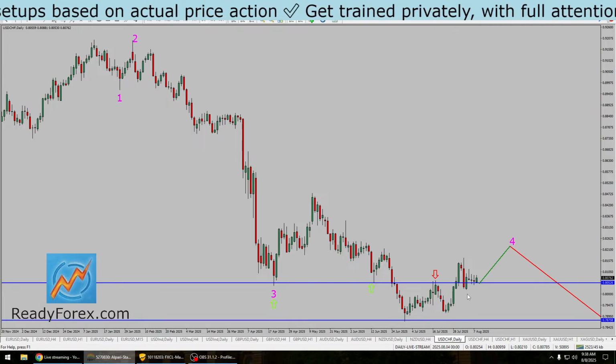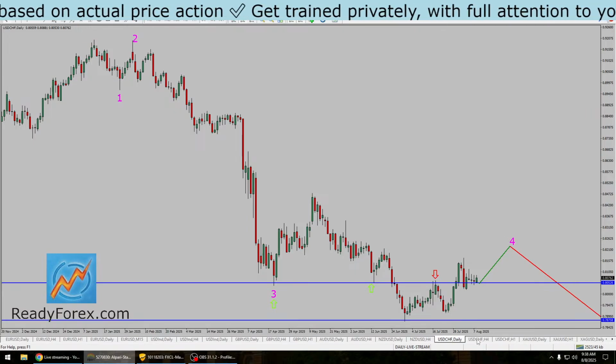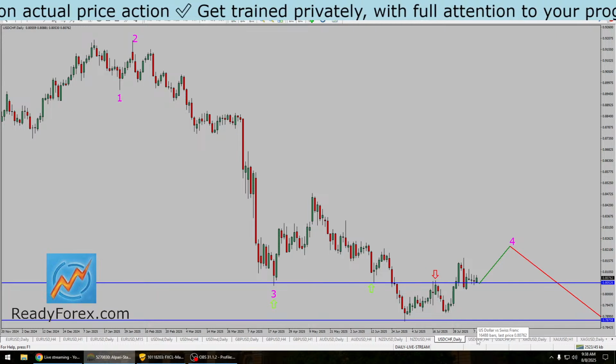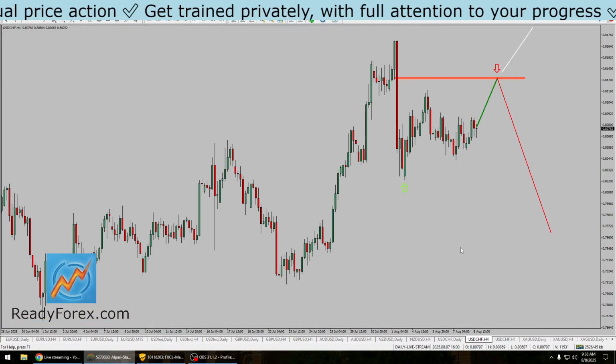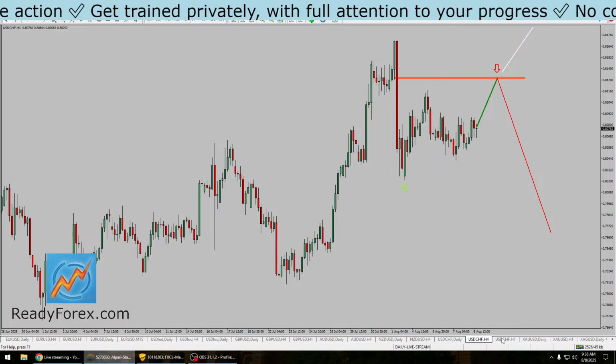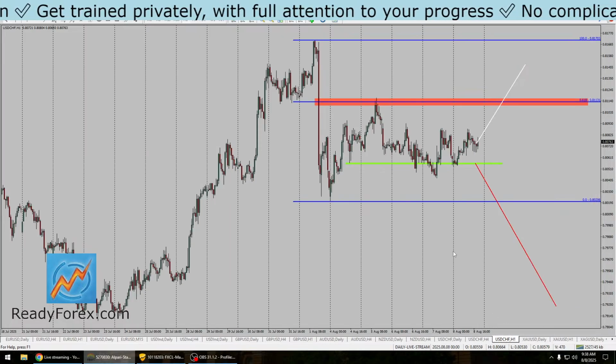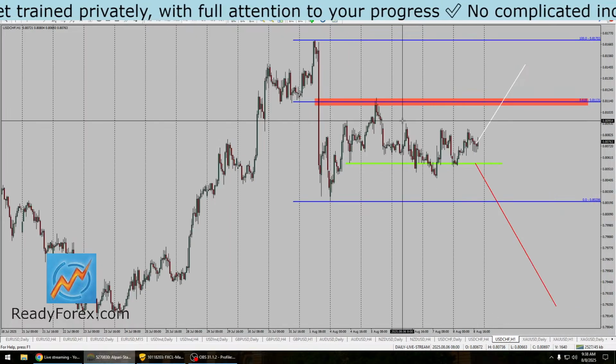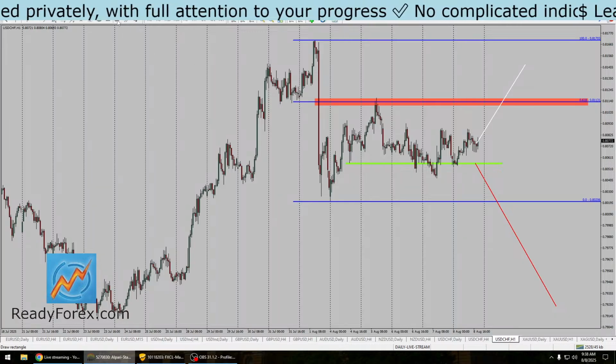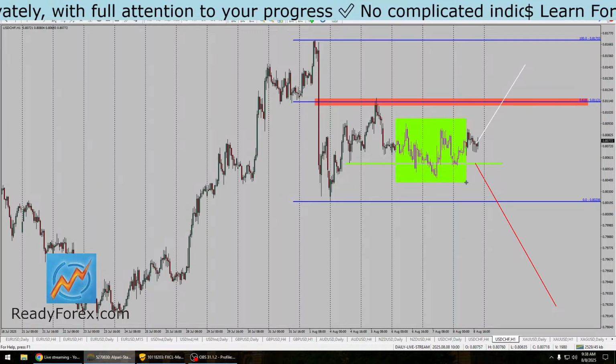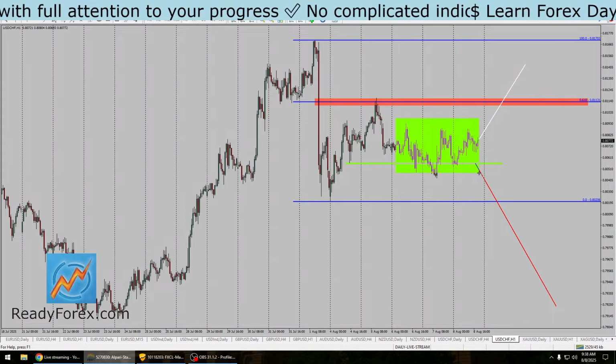So US dollar Swiss franc, so far sideways price action. If I show you the 1-hour time frame, this is the price action of the last 2 trading days, and if you count this current day as well, this is what you got overall.